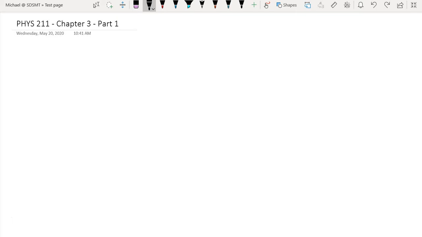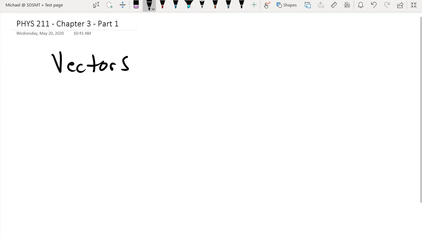In the real world, we're going to have objects that are moving in 2 dimensions, 3 dimensions, etc. And so we're going to have to figure out how we can apply that kinematics to more than one direction at a time. And for that, we need some knowledge about vectors. And so this is what Chapter 3 is all about.